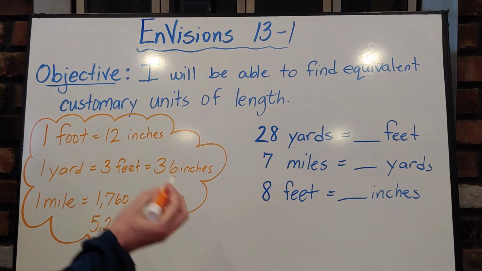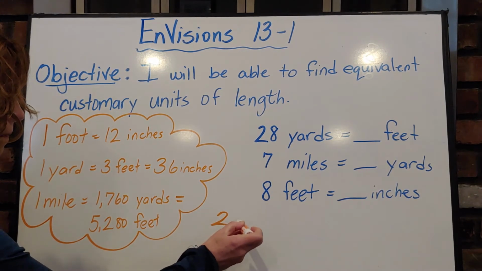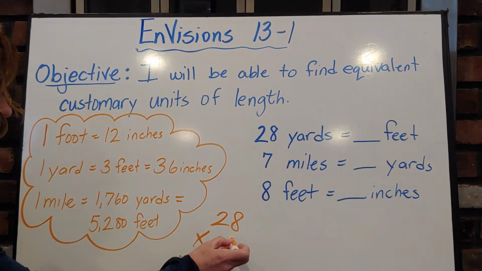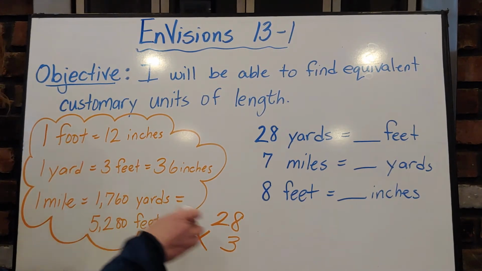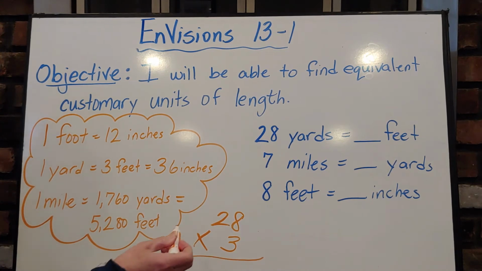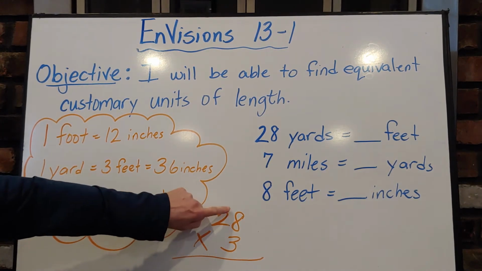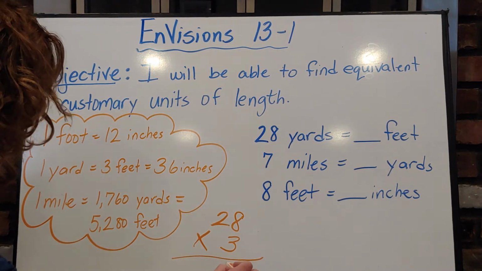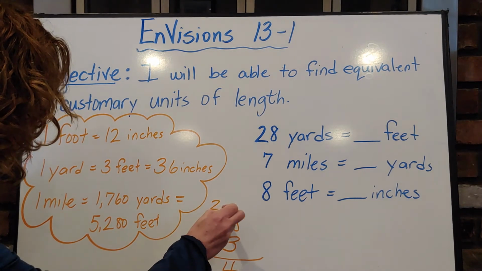We're going to take 28 and multiply by 3. What is 3 times 8? If you said 24, you are correct. So put the 4 down, put the 2 up.